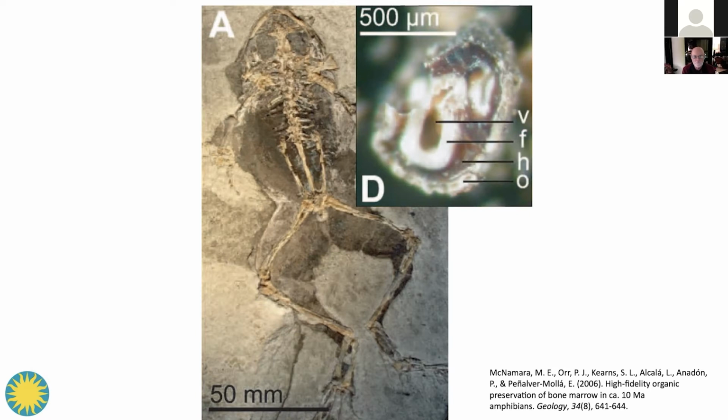Bone marrow. It actually looks like bone marrow. It's red. Hematopoietic bone marrow. That is, this is the marrow in the bone that makes red blood cells, preserved after 10 million years.